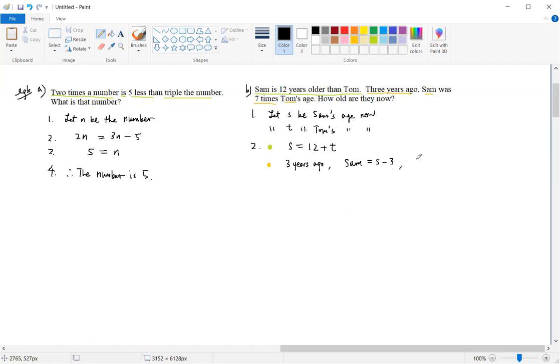So similarly, Tom must be T minus 3 also. About the condition, Sam was 7 times Tom. Don't write S equals 7T. That is not true. Don't write it. 3 years ago, Sam is 7 times Tom, but 3 years ago, Sam was S minus 3 and Tom was T minus 3.